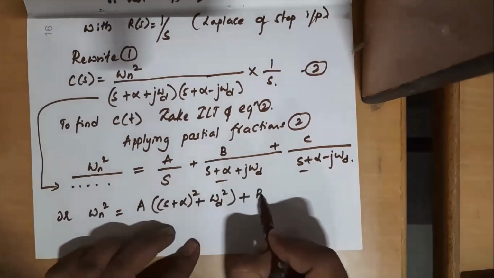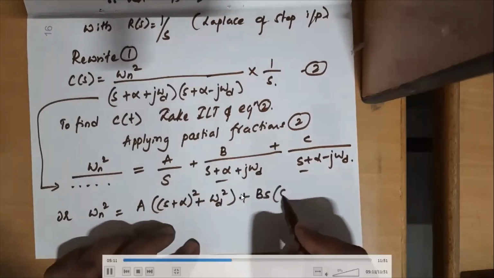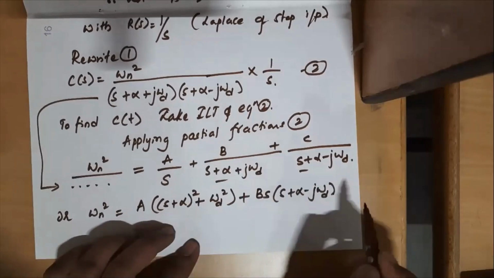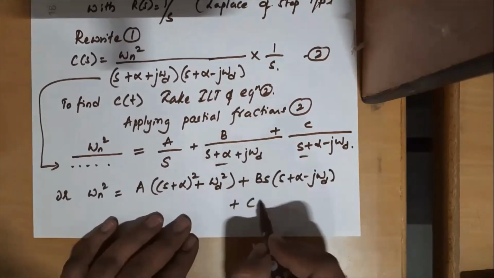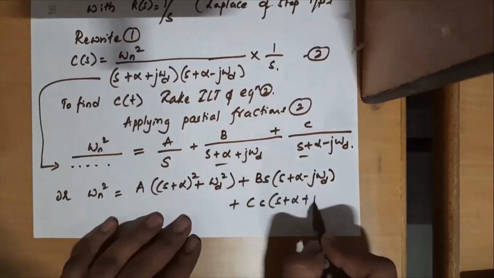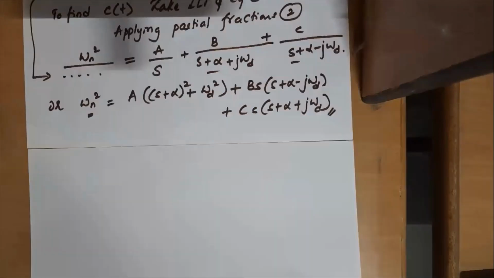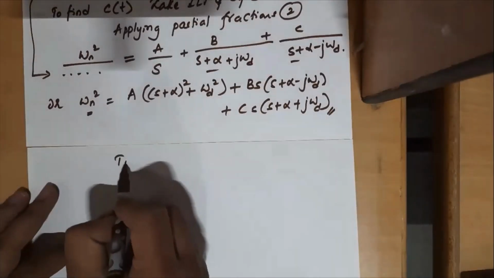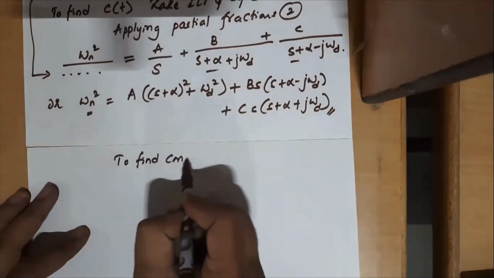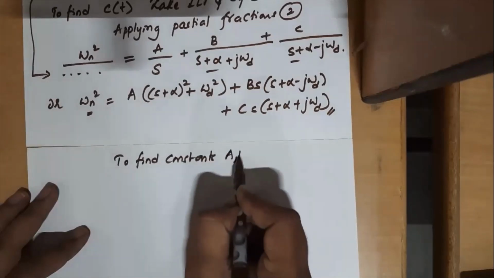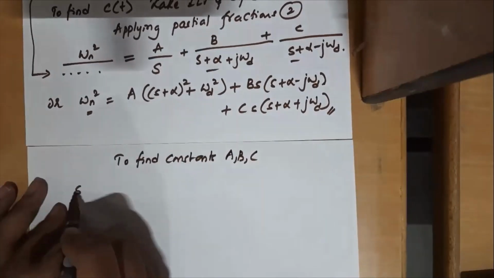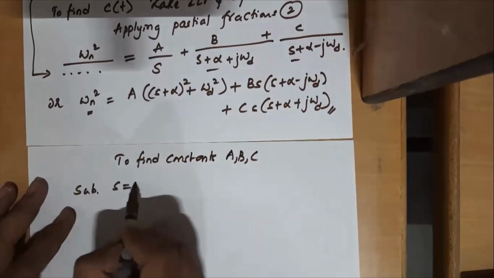We will get plus omega d square. So j is not present here, as it converted to j square. Then similarly B will be B s into s plus alpha minus j omega d, and C is C s into s plus alpha plus j omega d. So to find constants A, B, C, now first step, substitute s equal to 0.